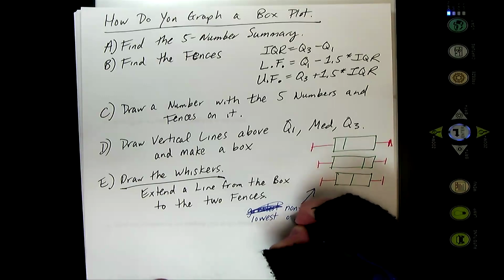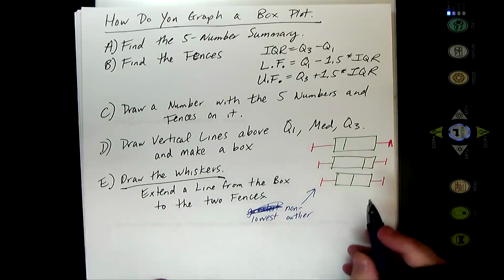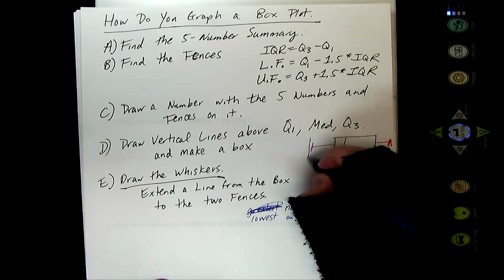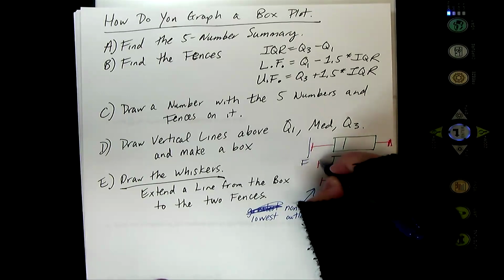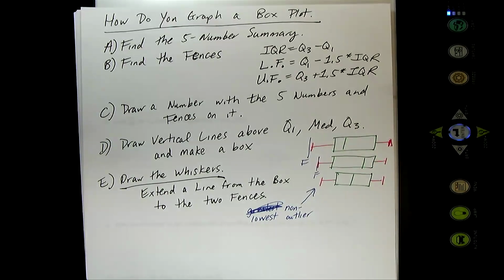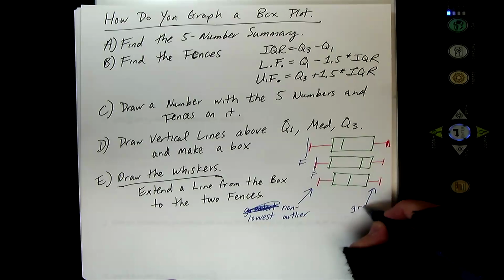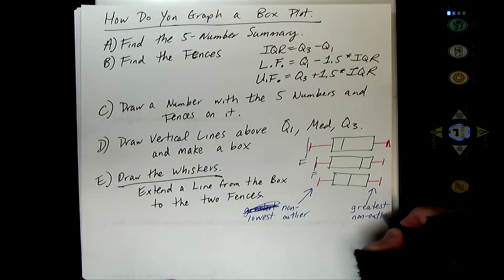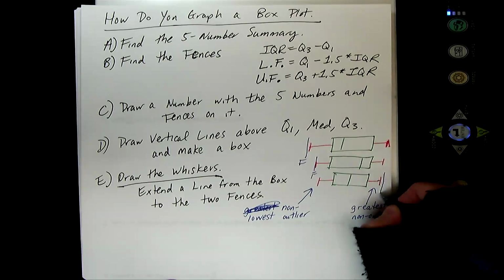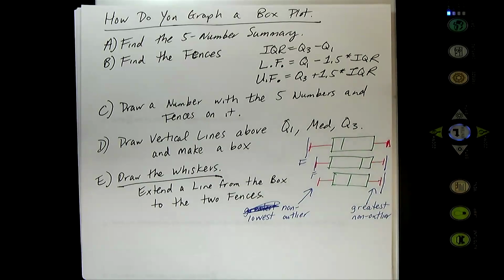So the fence might be here, or the value might be directly on the fence, but it's the first data point inside the fence. It's like if your dog's barking, it's the dog that's closest to the fence. Same with the upper one. When the computer does it, it's going to do the greatest non-outlier, so the fence is just a little to the right of it, usually.